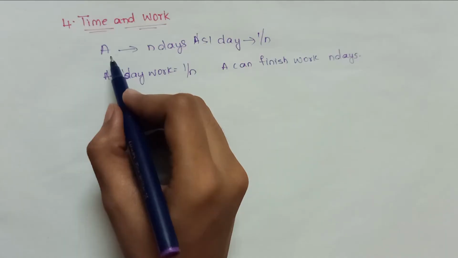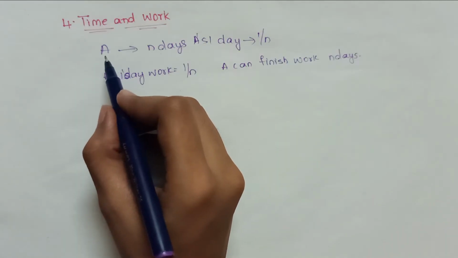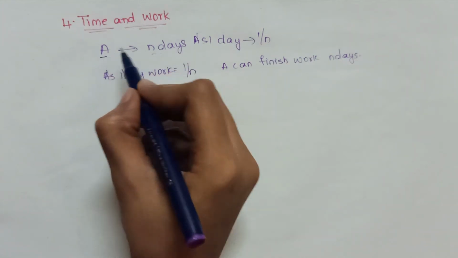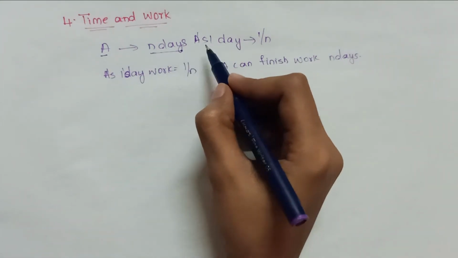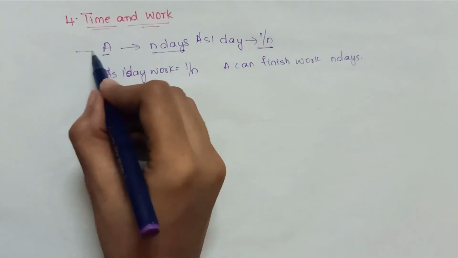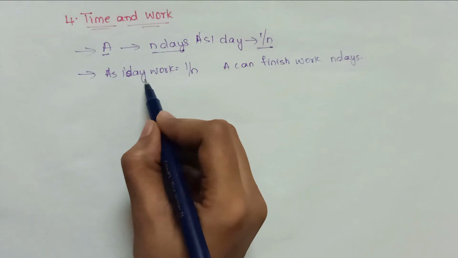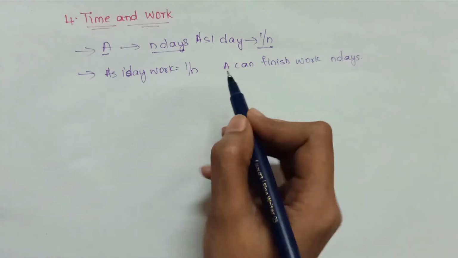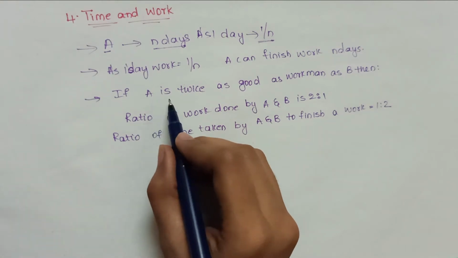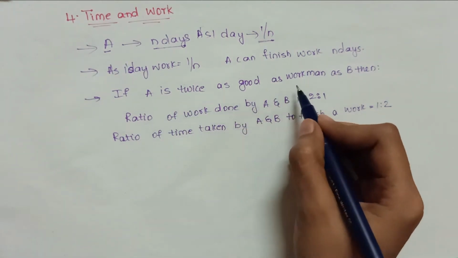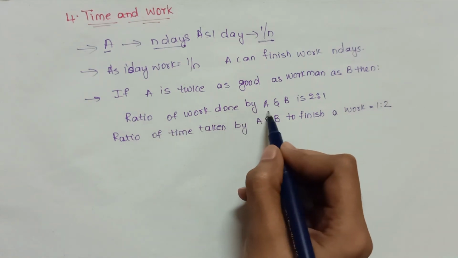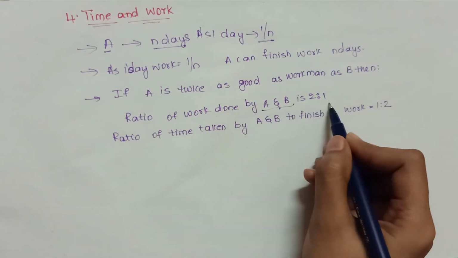Now fourth topic, time and work. These are very important formulae. If a person can do work in n days, then A's 1 day work is 1 by n. And next formula, A's 1 day work is 1 by n and A can finish the work in n days. Next formula, if A is twice as good a workman as B, then ratio of work done by A and B is 2:1.